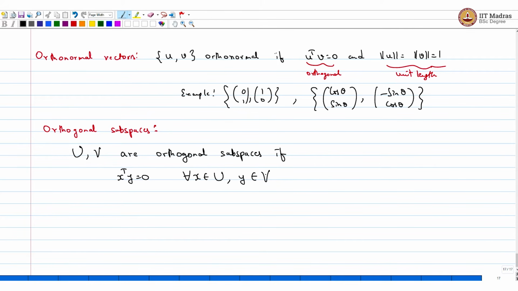Now again we can look at some examples. The first, obvious trivial example, is the zero vector, which is orthogonal to every subspace that you can think of.